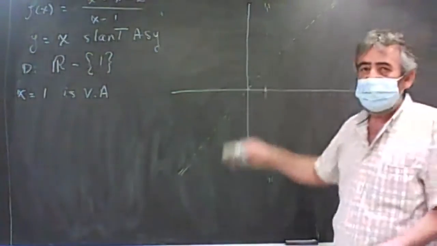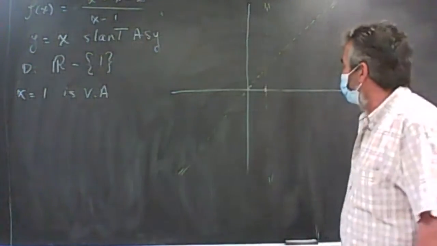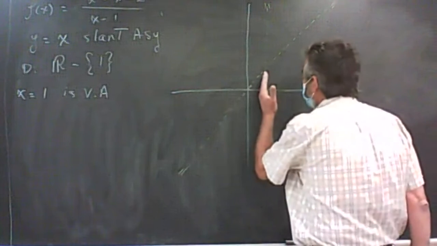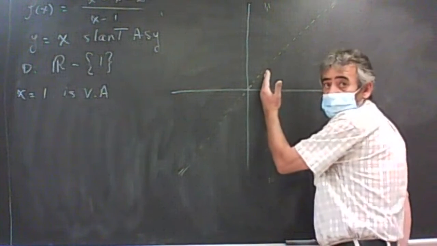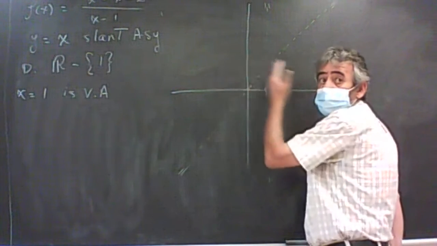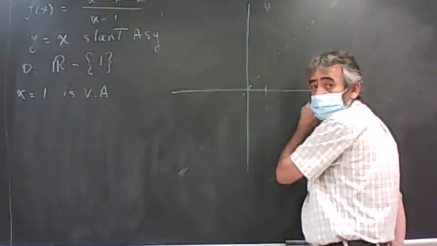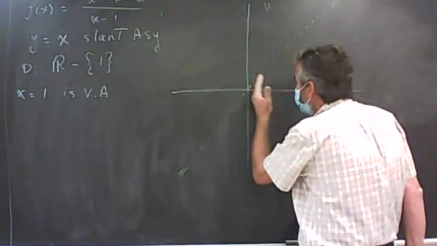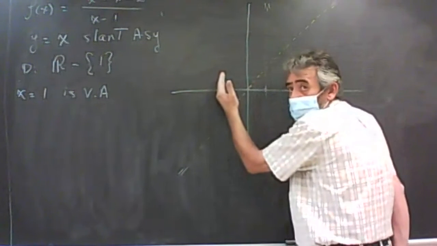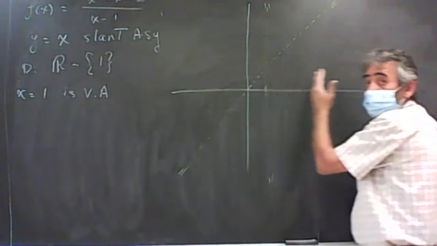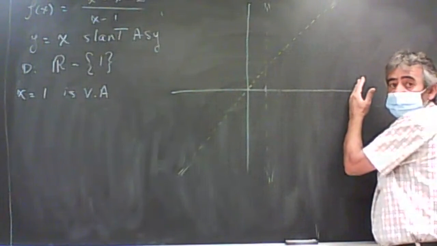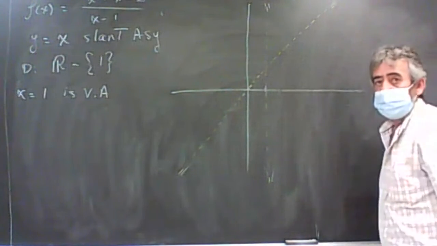So we need to know which portion of that it is. Let's worry about this line over here, because that's the line that divides the graph into 2 portions, correct?